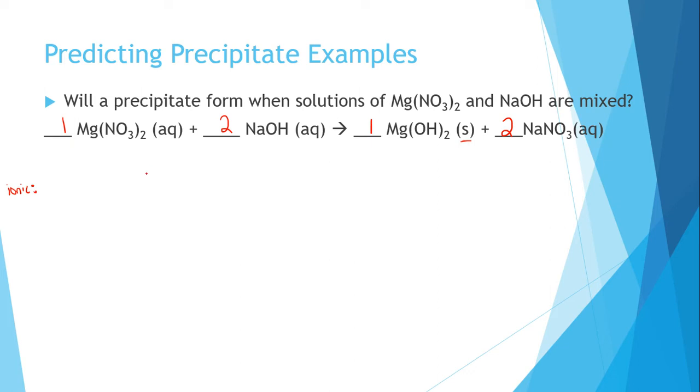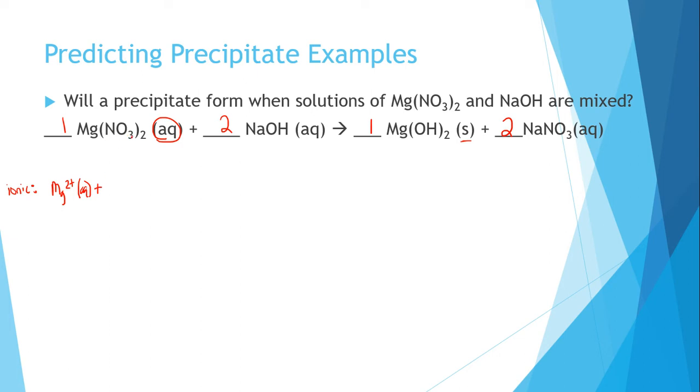And we do this by splitting apart anything that is a strong electrolyte, and it has to say AQ. So my Mg(NO3)2 is a strong electrolyte because there's a metal, and it's AQ, so I can split it. So Mg, there's a 1 there, so I'm okay. Its ion is a 2 plus charge from that uncrossing. This gets added.